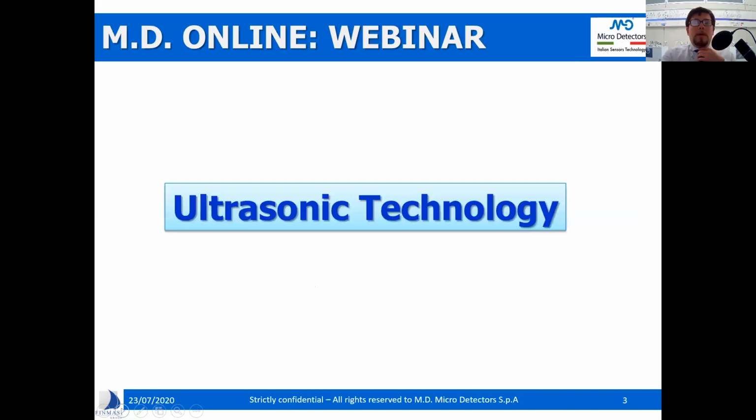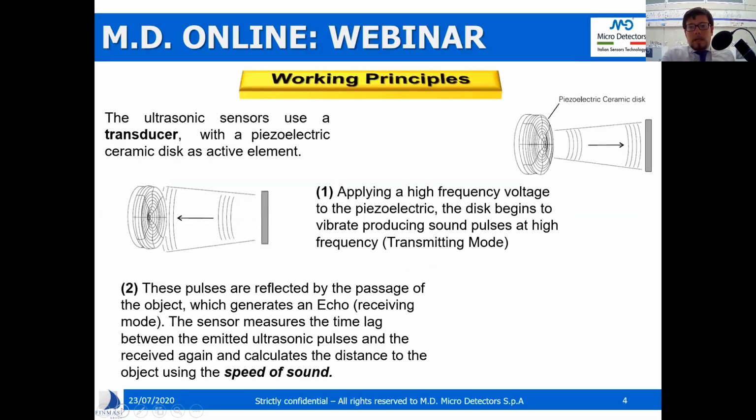Let's go with the discovery of all the secrets of this technology. The first question we are going to answer today is, how does an ultrasonic sensor work? Basically, an ultrasonic sensor is based on a transducer with a piezoelectric ceramic disc acting as an active element.